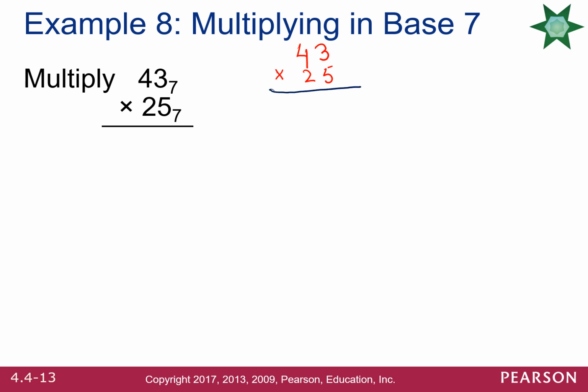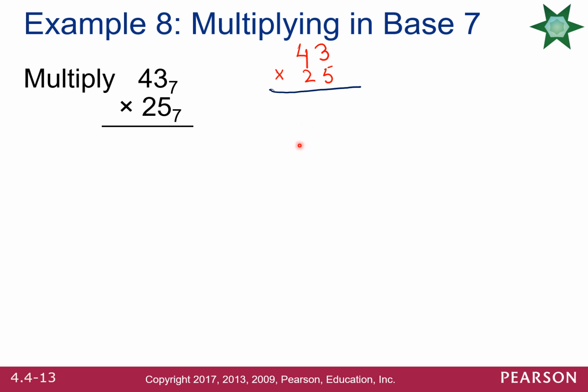All right, so first we multiply 43 by 5. First, I'm going to multiply 43 by 5, and then I'm going to multiply 43 by 2, just the way we multiply in decimals, and then add them. But we are going to go through the process of extracting 7s or multiples of 7s from the product and adjusting our values.